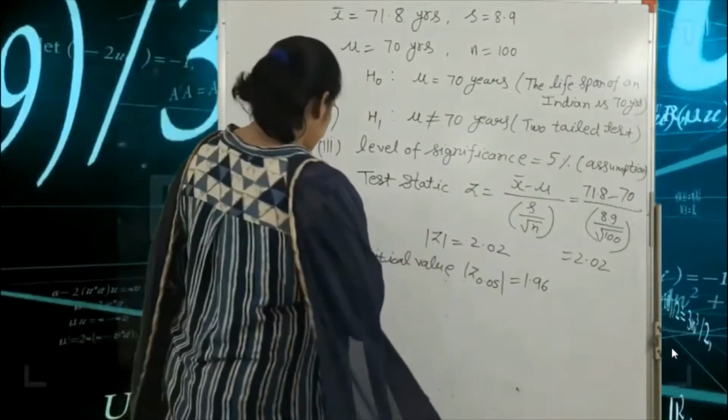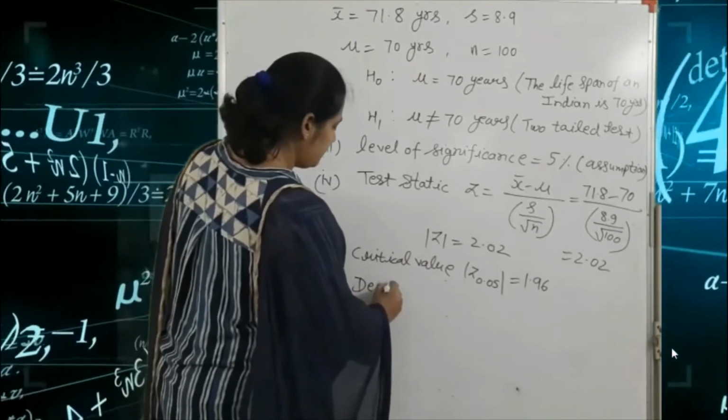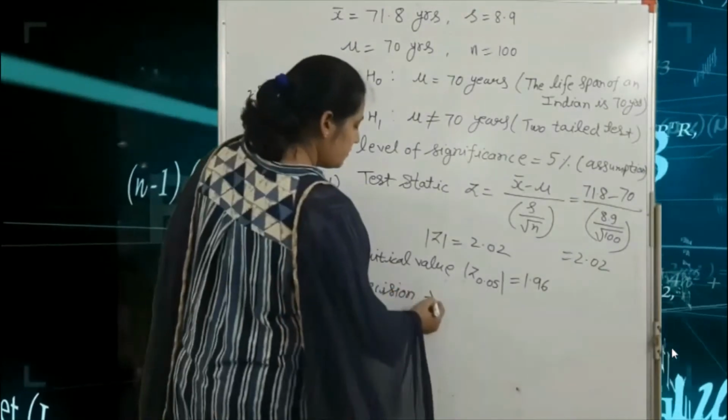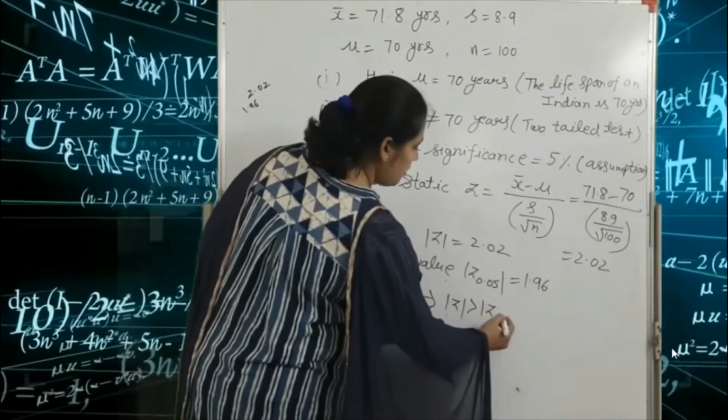Okay. So next we write the decision. Here the decision is mod of z greater than mod of z alpha.